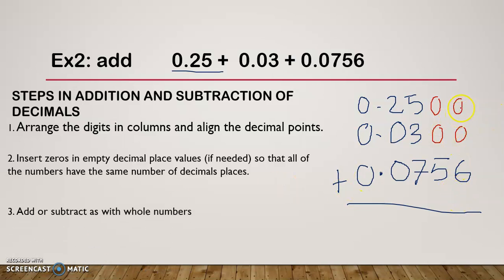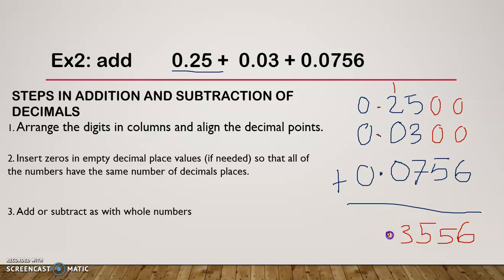So let us add 0, 0, and 6. That is just 6. And then 0, 0, and 5, that is 5, of course. And then 5, 3, and 7, that is just 15, or 5, carry 1. And then 1 plus 2, that is 3. Very important, the next thing is to just bring down the decimal point.